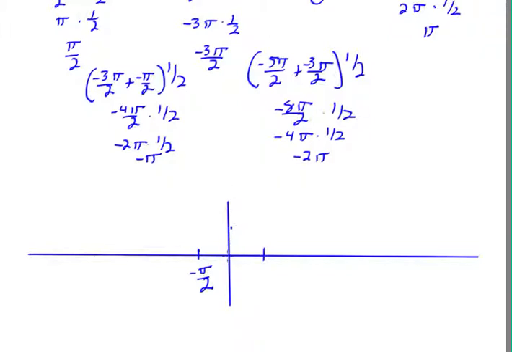The 0 is right here. 0, pi over 2, pi, 3 pi over 2. We're going to go backwards in this direction, so that would be negative pi, negative 3 pi over 2, negative 2 pi, and negative 5 pi over 2.